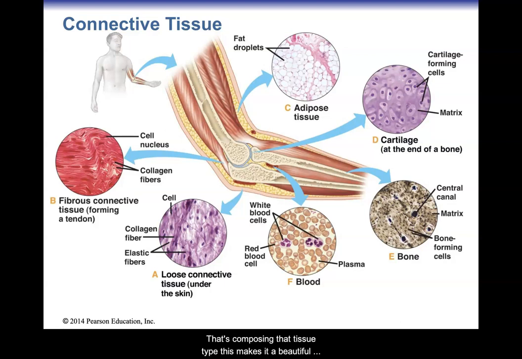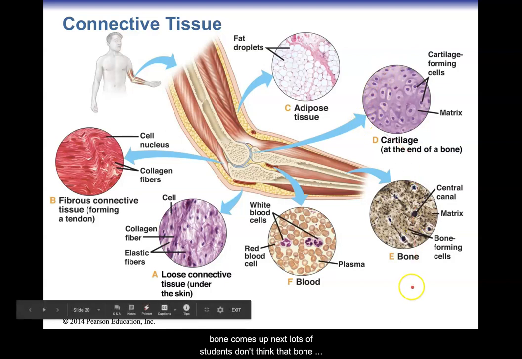This makes it a beautiful cushion, and in fact, cartilage is a precursor to the next tissue type I'm going to talk about, bone. In addition, cartilage also forms a nice shape. We see cartilage structures at the tip of our nose and in our ears. I'll talk more about cartilage in the skeletal system chapter.